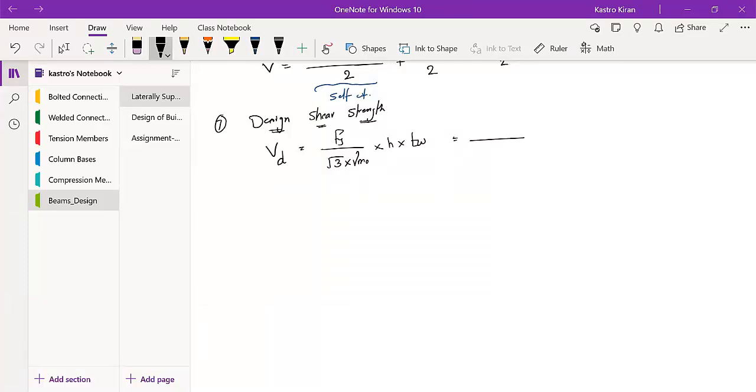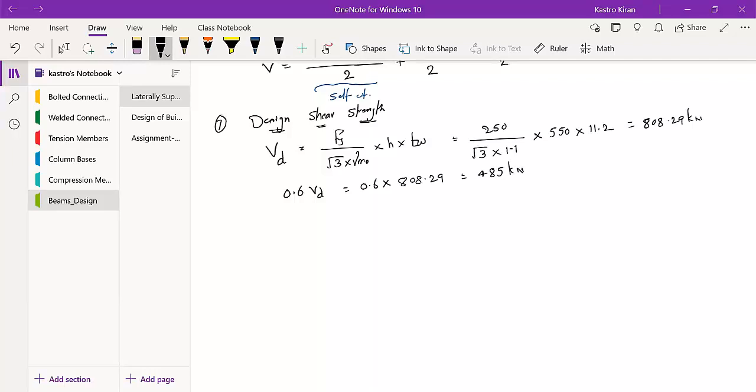You know the value of Fy, which is 250 upon root 3, gamma M0 is taken as 1.1, height of the section is 550 and the thickness of the web is 11.2. If you solve for this, the value will be 808.29 kilonewtons. You also have to solve for 0.6 times VD, which will be 485 kilonewtons.